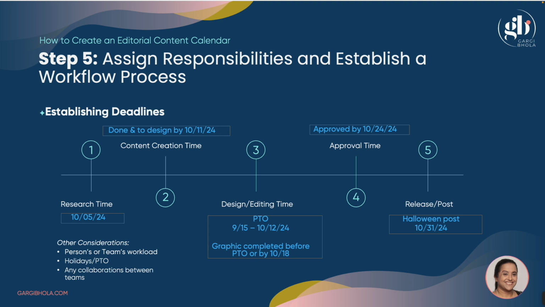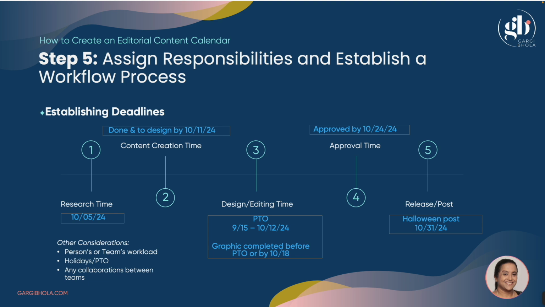Next, what time does a content person have to create it and have it completed so it can go to the graphic designer, so the graphic designer can get that design work done? And how much time does the research need, to be completed in order for the person to write it?